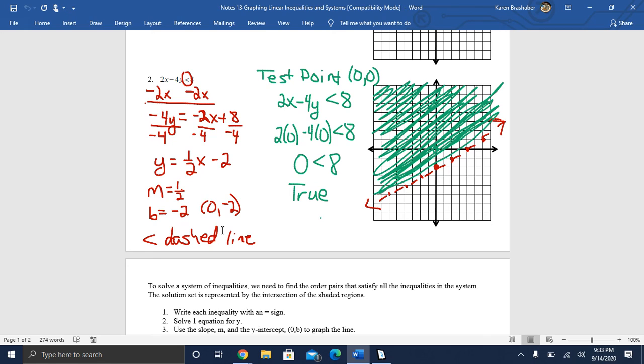So this problem is telling us that every ordered pair in this green shaded area is a solution to the original inequality, but any points on the dashed line are not included in that solution.